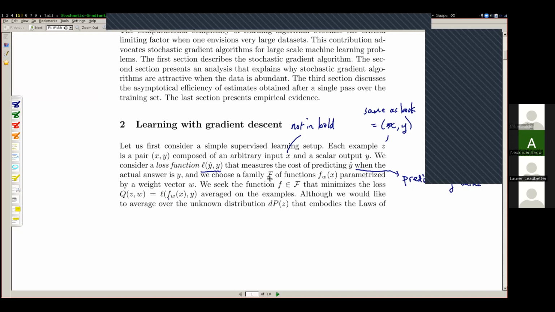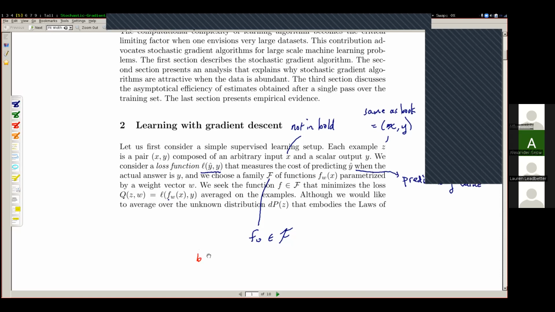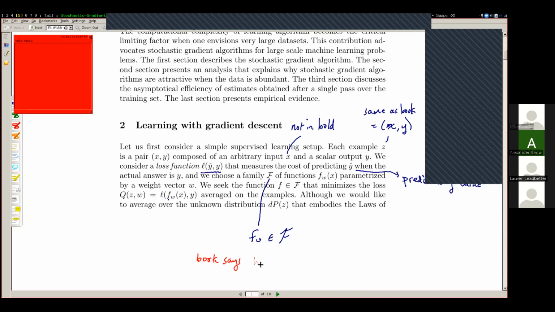The first main difference they have is that this big bold F is our hypothesis class. So this paper says F sub W in big F, for a function in a set of functions, whereas the textbook says a little h inside of the fancy, big H, for a hypothesis inside of a hypothesis class.